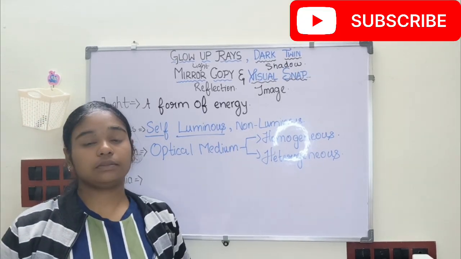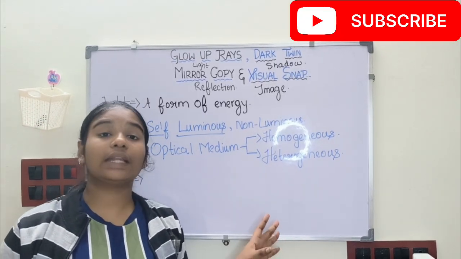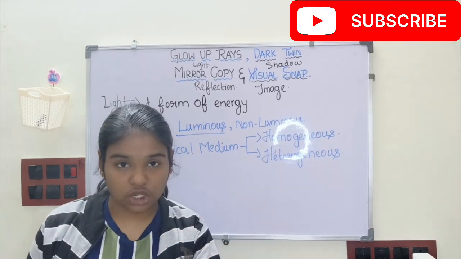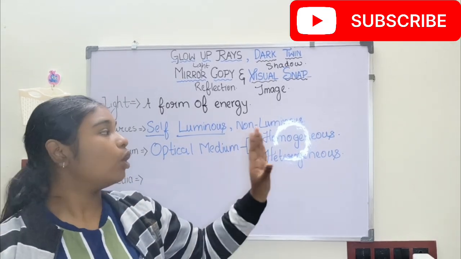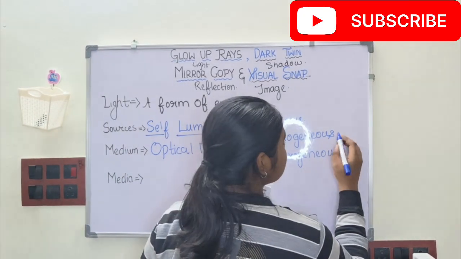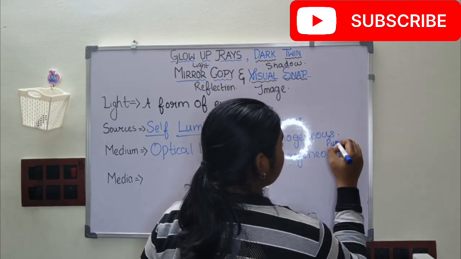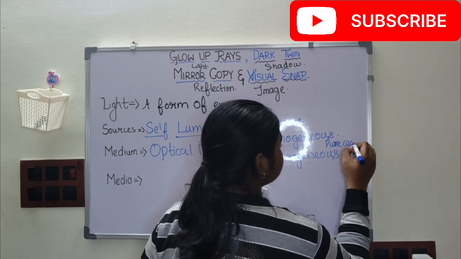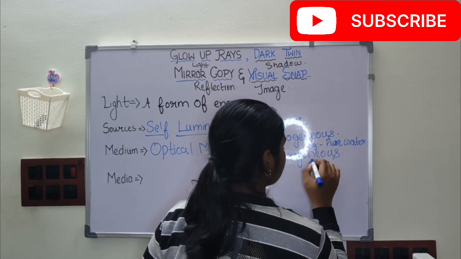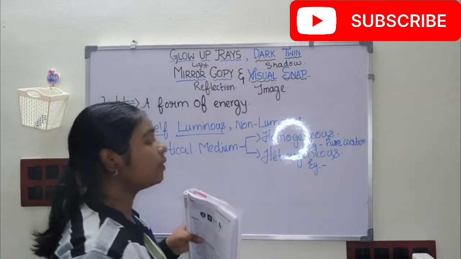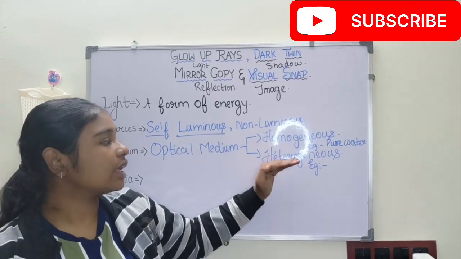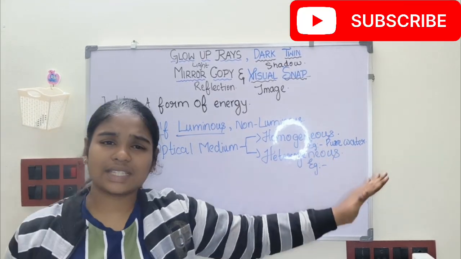It is the same for physics, but with light. An optical medium which has a uniform composition is known as a homogeneous medium. For example, for a homogeneous medium you can give pure water. What does it mean?